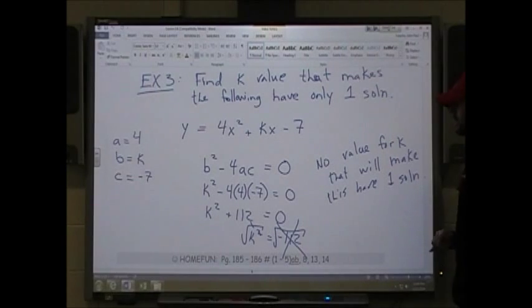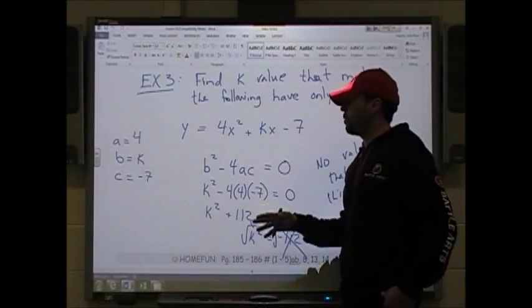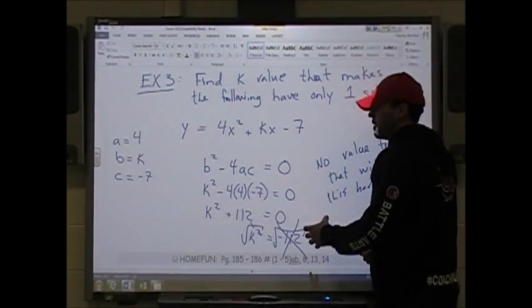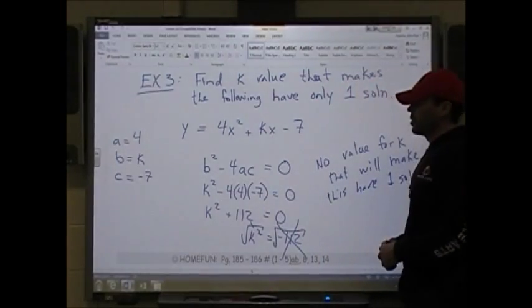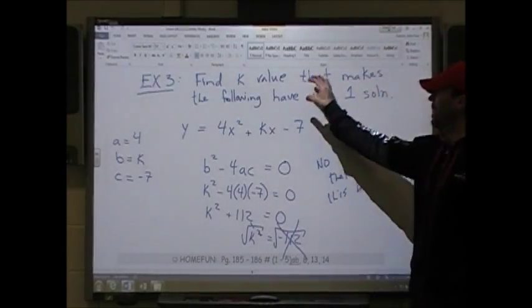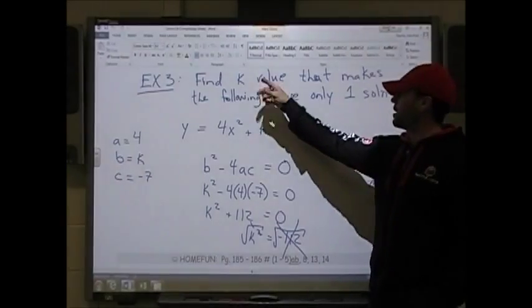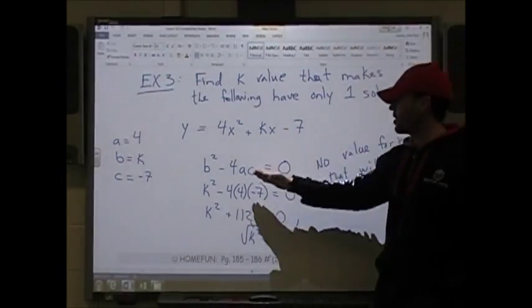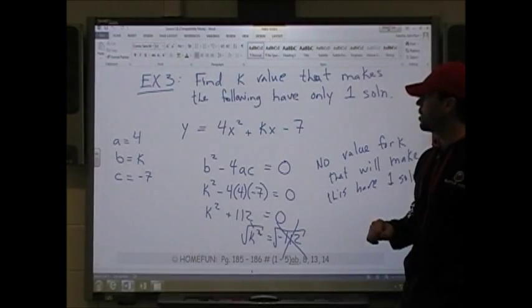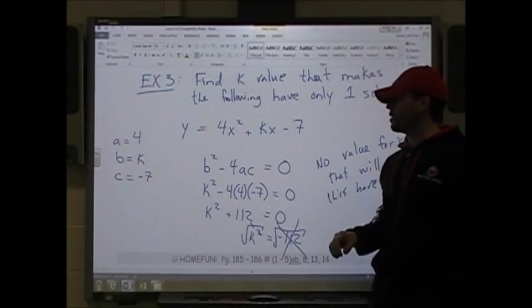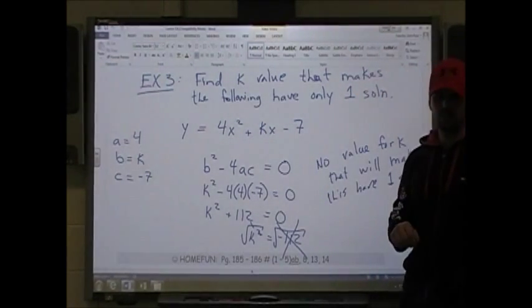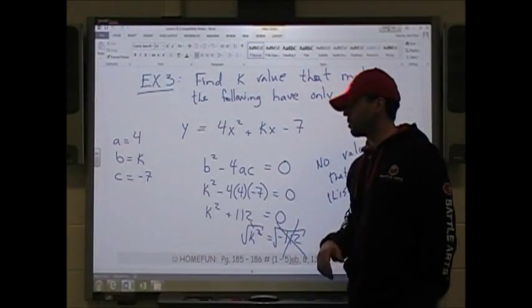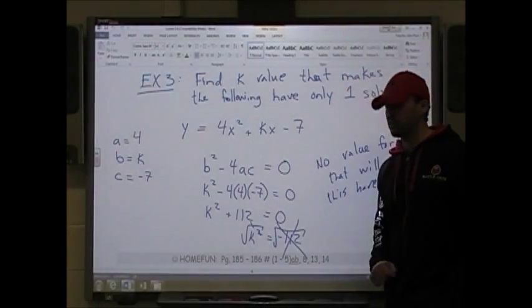Okay? But this was a bad example. You may have one where you actually find the k value that gives this one solution. So just be careful when it asks you stuff like this. You are finding the value of k where there's only one solution. That just means the discriminant is equal to 0. It may ask you to find the value of k where you have two solutions. So that's when this is greater than 0 and so forth. Okay? So you'll find some of these questions in your homework.